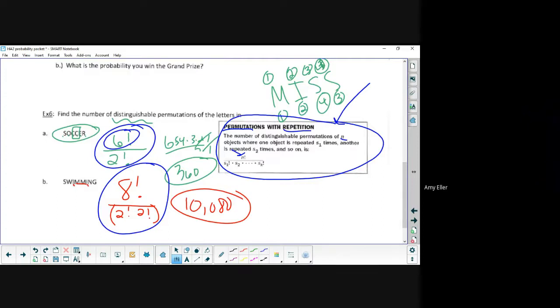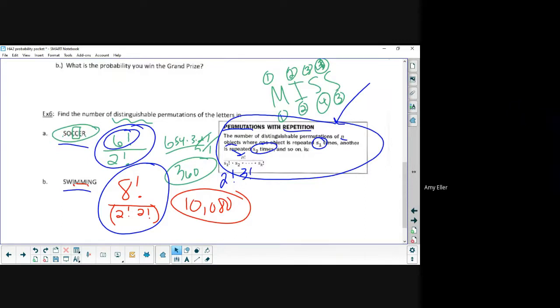So they've shown you we have n factorial, that is your number of objects. There's no saying how many times things are going to be repeated. We have to be generic, which kind of makes it more complicated when we look at it sometimes. So if something is repeated S1 times, this was repeated twice, I do 2 factorial. If the next thing is repeated S2 times, say it's repeated 3 times, I have to do that. It's multiplied. Do you see why there's a dot, dot, dot? There may be more or there may not be until we get through all of the letters.